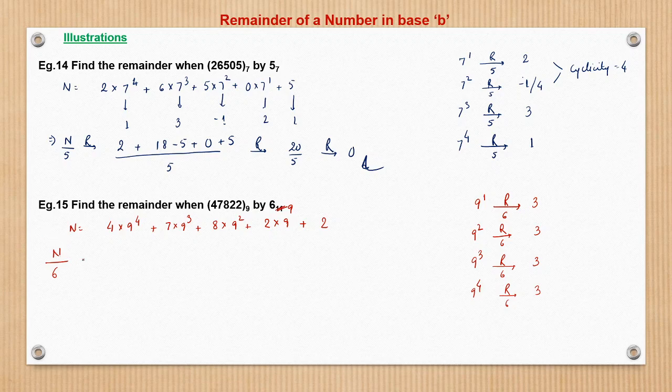So now n by 6, the remainder would be nothing but 4 into 3, since the remainder is 3 whenever 9 raised to any power is divided by 6. So we can straight away add the digits and multiply by 3, divided by 6. If we expand this, the final remainder would be 3. This we can see because the sum is 4, 8, 12, 7, 19, 23. So 23 into 3 is 69, by 6 the remainder is 3.